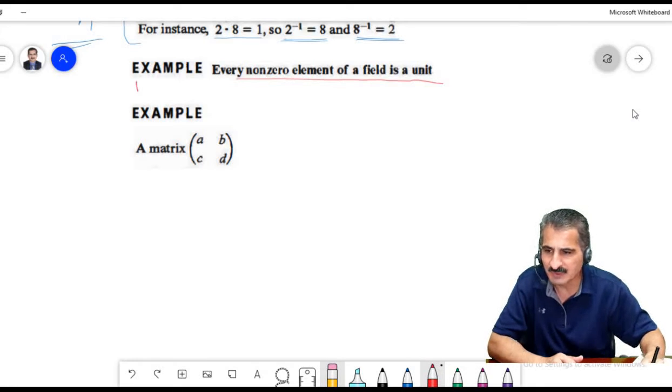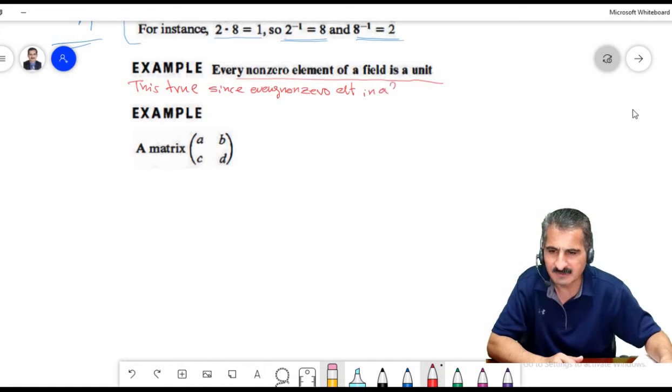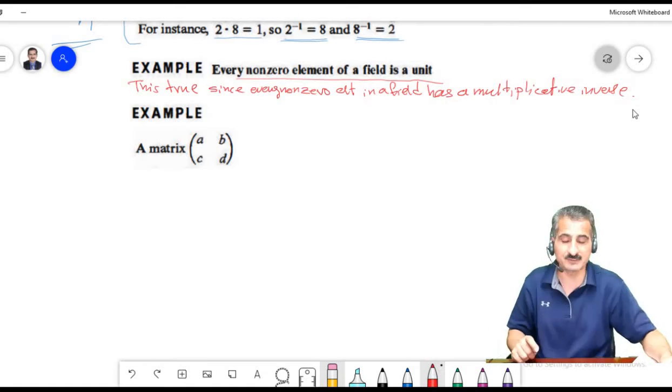So this is true, since every non-zero element in a field has a multiplicative inverse, which means every non-zero element is a unit.